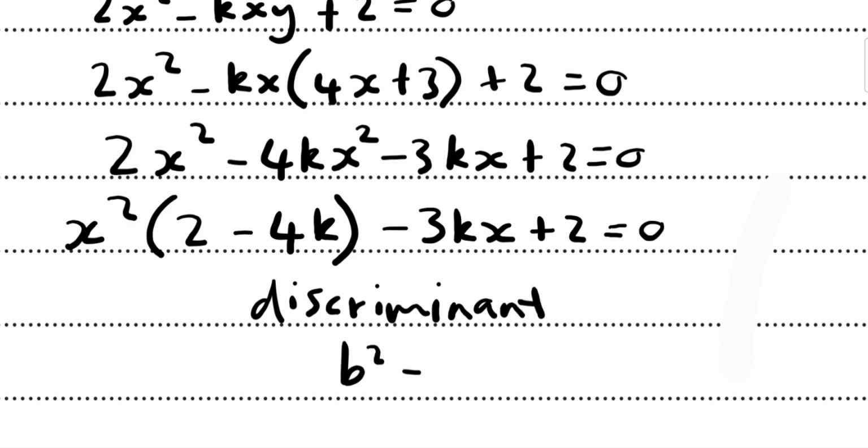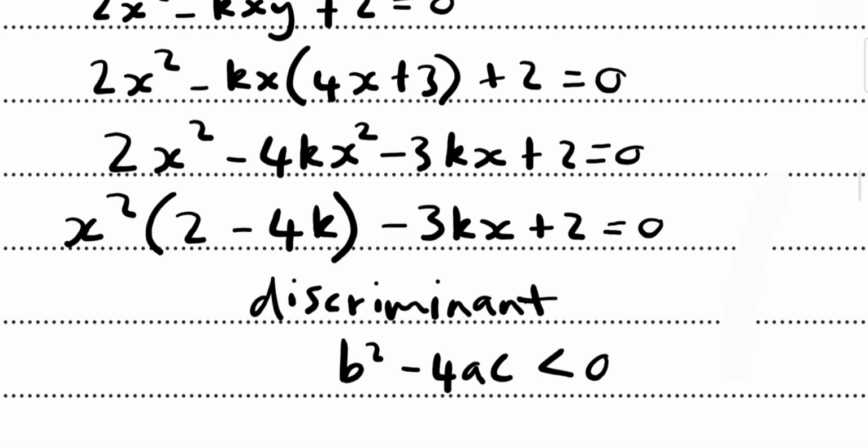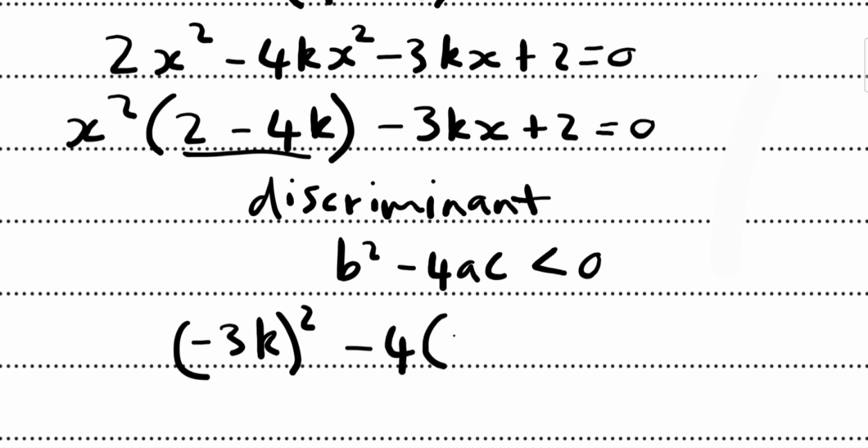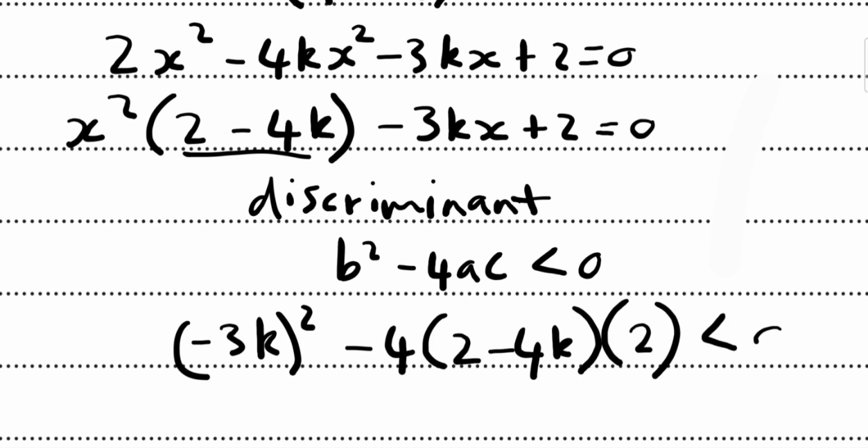which is b squared minus 4ac, should be less than 0. So our b, minus 3k, squared, minus 4, our a is 2 minus 4k, and our c is 2, should be less than 0.